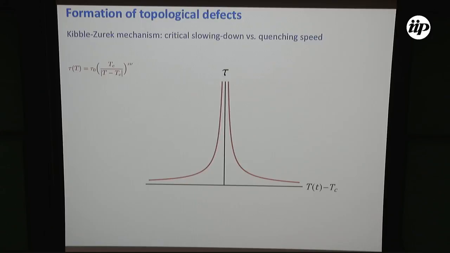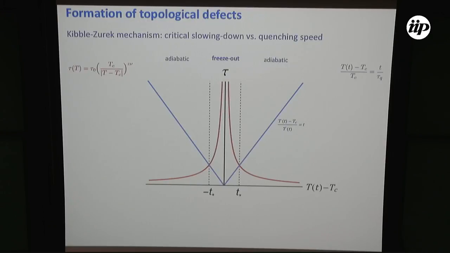Then it's sort of evident that no matter how slow we perform the quenching across the phase transition, there will be a time at which the system won't be able to find the new state of equilibrium. So then it will be frozen out, and we can distinguish two regimes. The adiabatic regime, in which the system can follow our external perturbation, and this frozen-out regime in which the system is out of equilibrium.